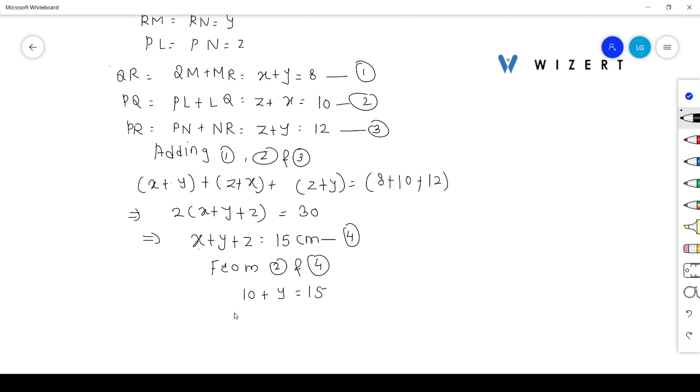So Y will be 15 minus 10, which means 5. Hence, the length of RM is 5 centimeters.